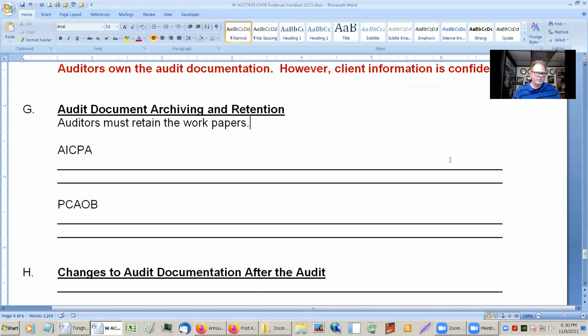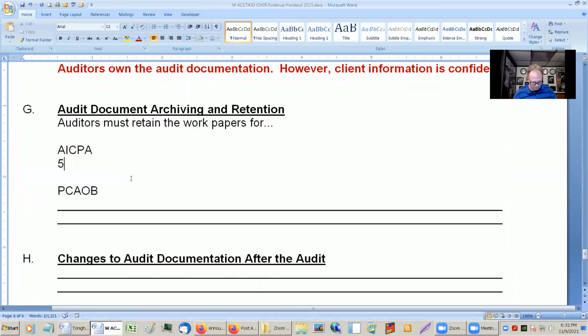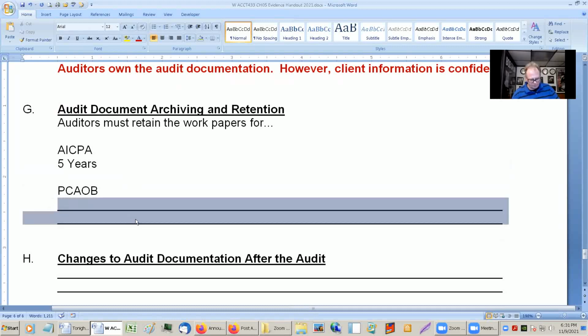I must retain the work papers for AICPA, 5 years. PCAOB, 7 years.